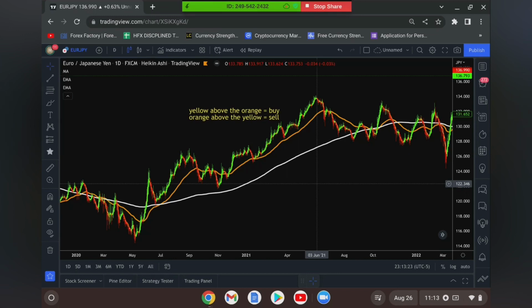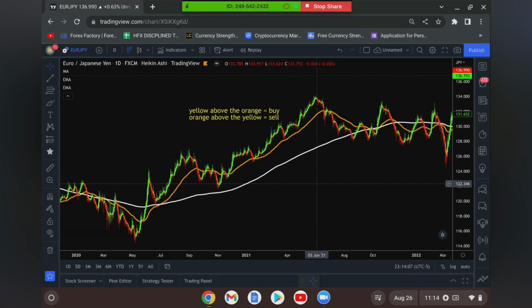You can also use these moving averages as an exit strategy, you guys. Me personally, I don't use them that way just because you can tend to lose quite a few pips by using them as an exit strategy. So I actually personally prefer to use this more as an entry strategy.